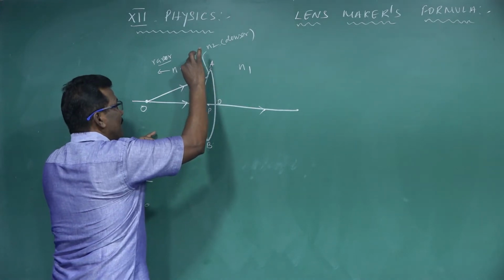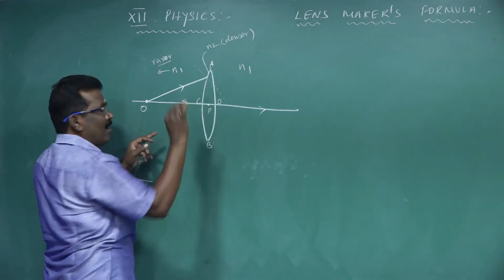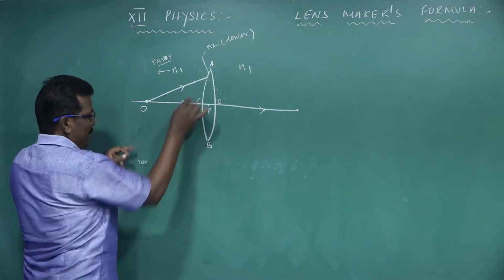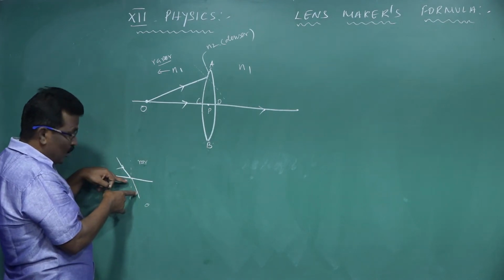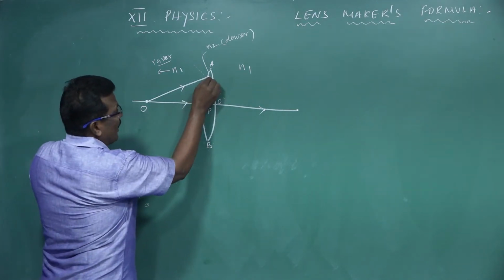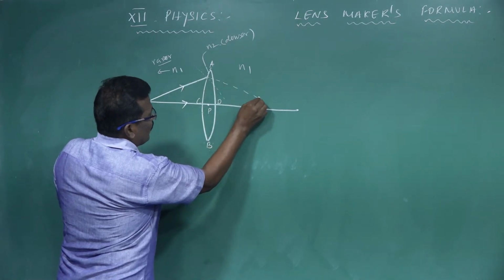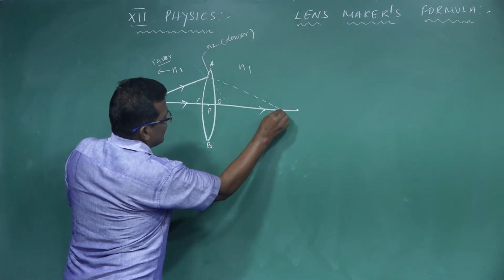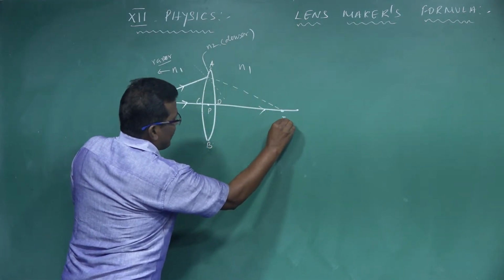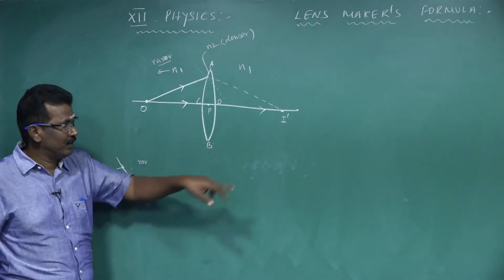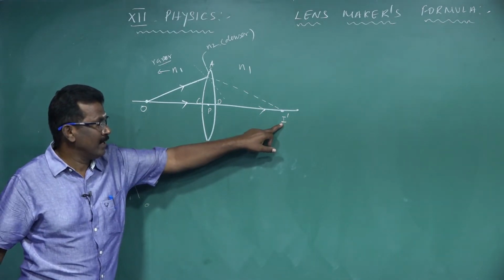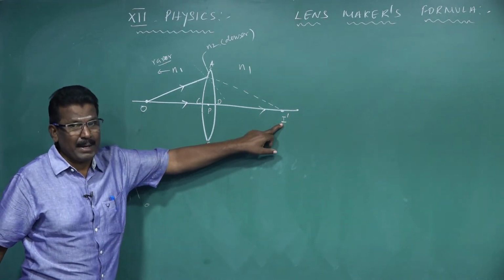Suppose this is the normal; the light deviates towards the normal, so the ray passes through like this and meets the axis at a point I prime. This is called the image. The image is formed at point I prime.